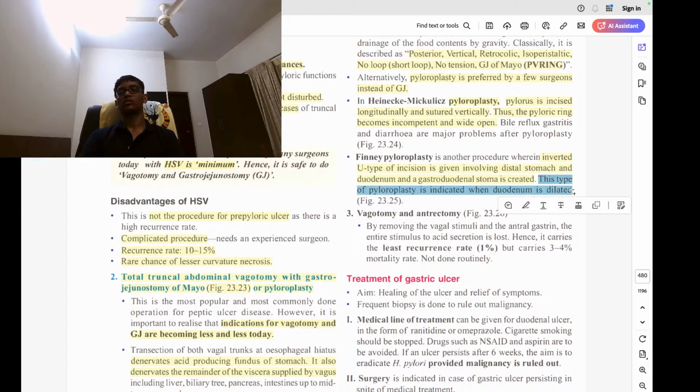This type of pyloroplasty is indicated when the duodenum is dilated.